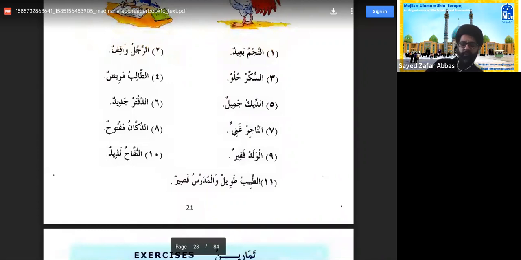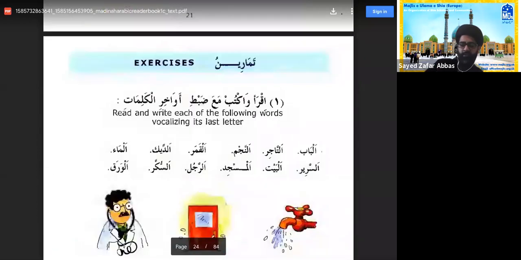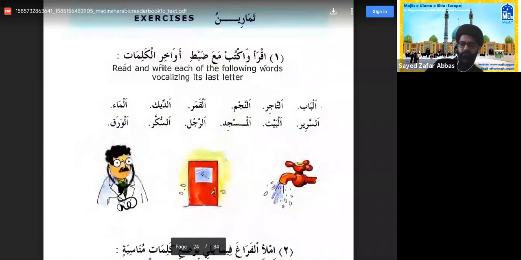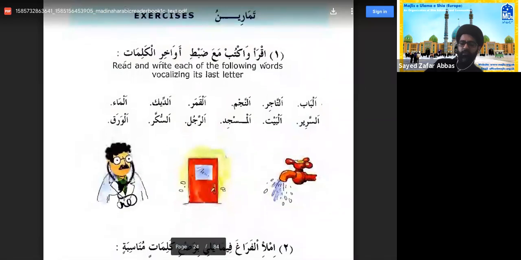Admin, if we go to the next page. Thank you. So here, read and write the following words with vocalizing the last letter. So how we would pronounce it. We said al and tanween are not going to come together.